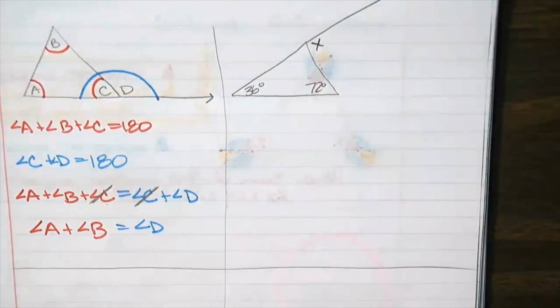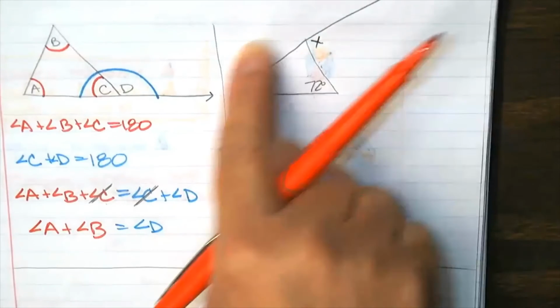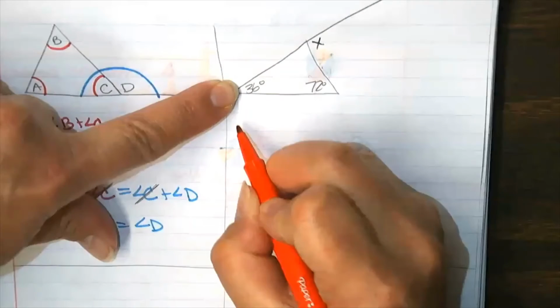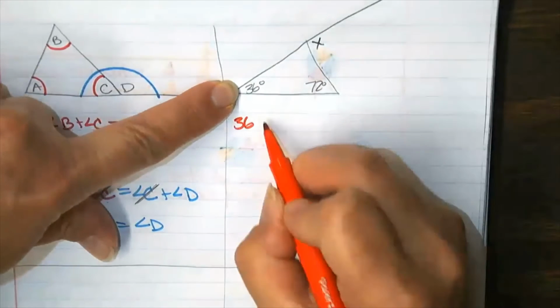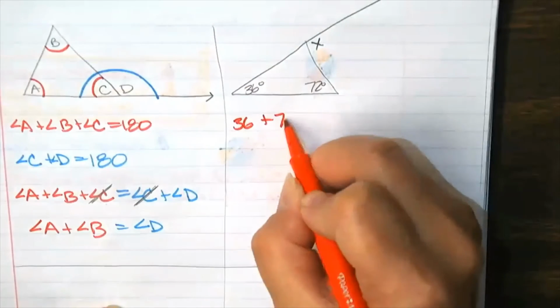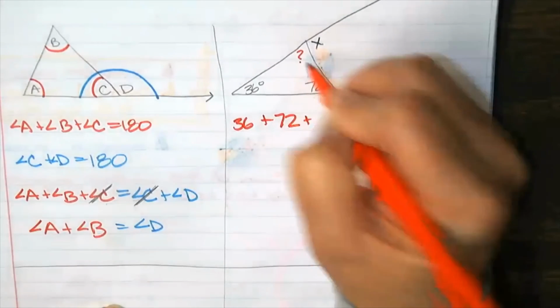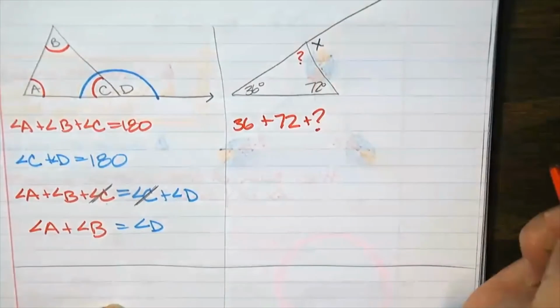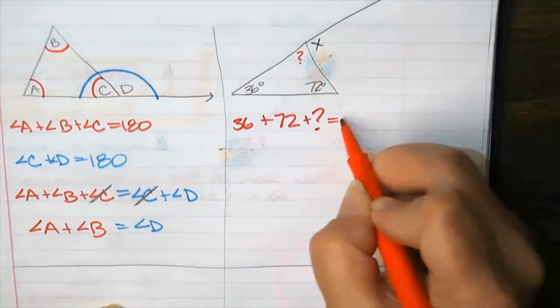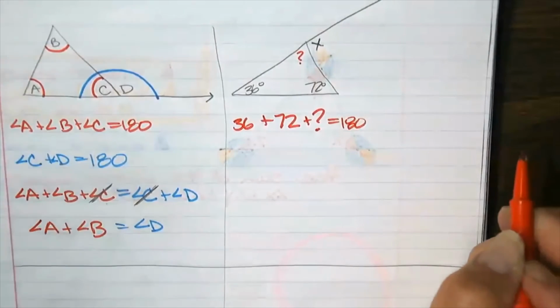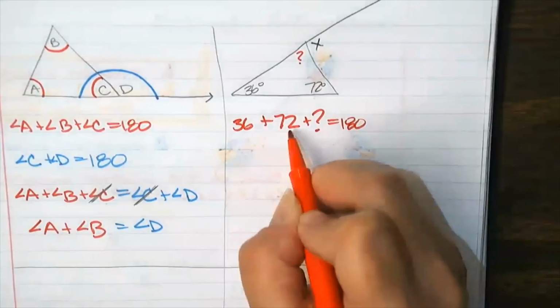We can use the idea that the interior angles equal 180. So angle 1 plus angle 2 plus whatever this is equals 180. Okay. So combine our like terms.